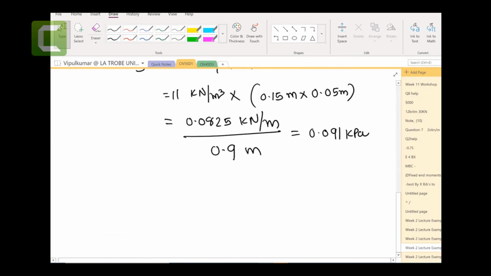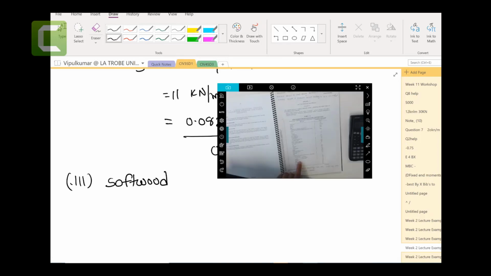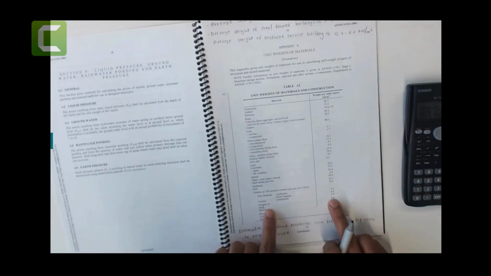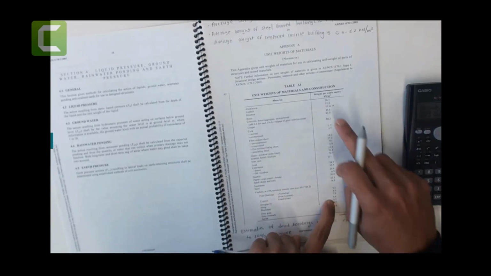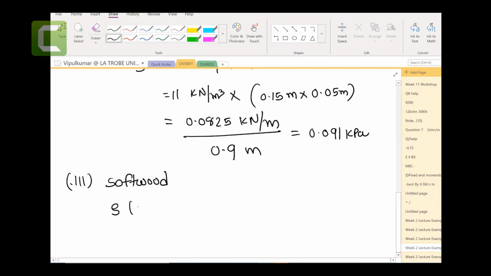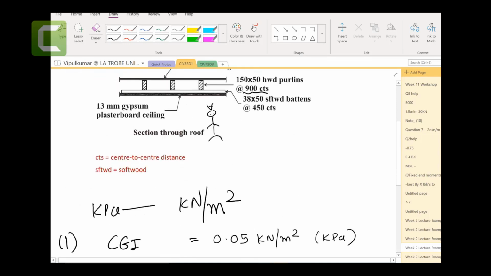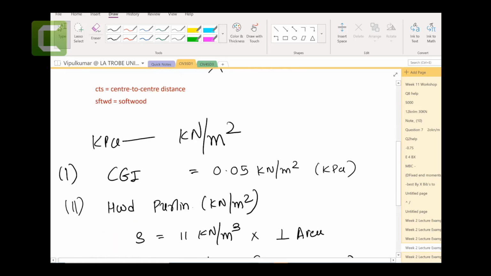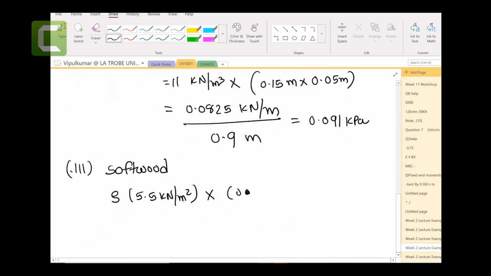Softwood, same story. Number 3, softwood. The density of the softwood would be here, Douglas fir. This Douglas fir is 5.5 kilonewton per meter cube. That is softwood. So density 5.5 kilonewton per meter cube times the perpendicular area, this 38 by 50. So 0.038 times 0.05 meters.